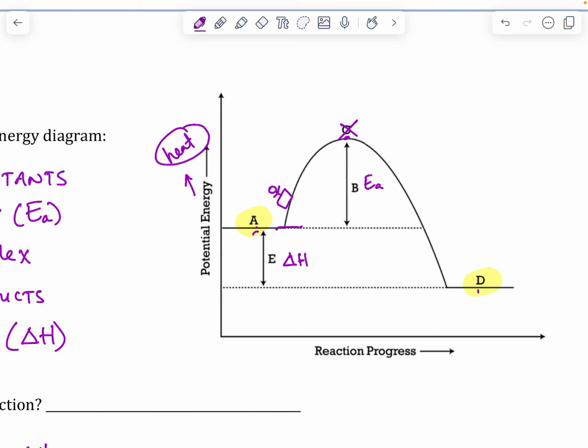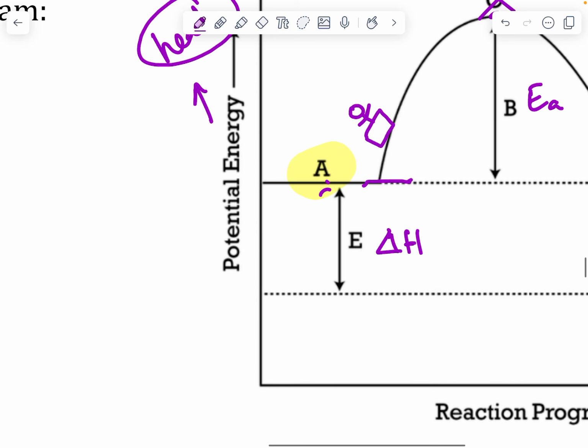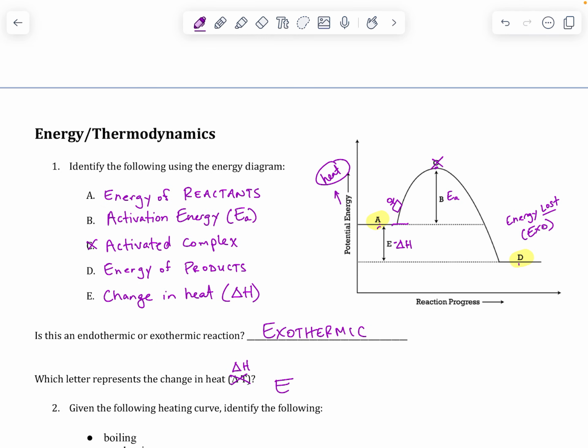So if I'm losing energy, we say energy lost. That means that this is an exothermic, right? It's released. So we say exothermic. And how we actually would introduce that by the change in heat is that there's a negative change in heat because it's being lost.